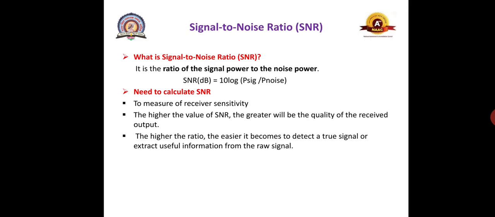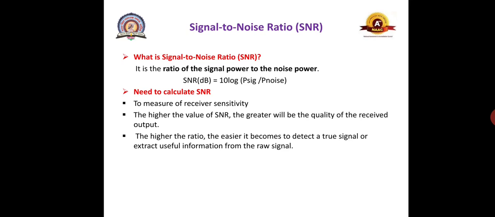Now let us see what the signal to noise ratio is. In communication, noise is usually expressed as a power because the received signal is also expressed in terms of power.